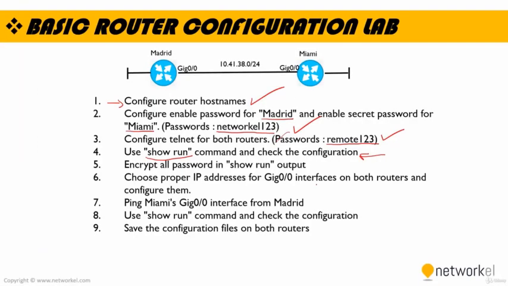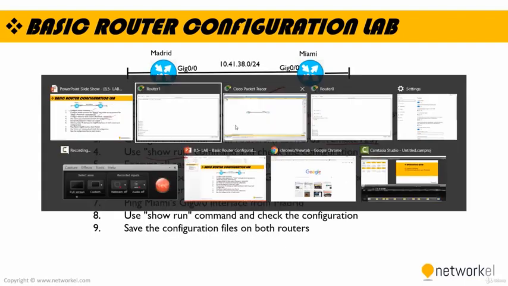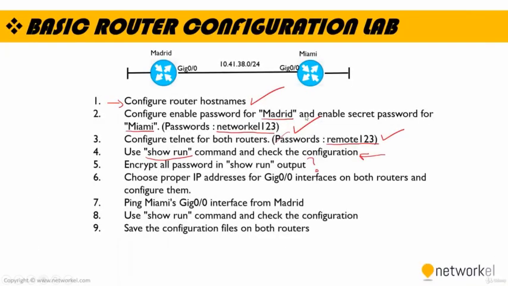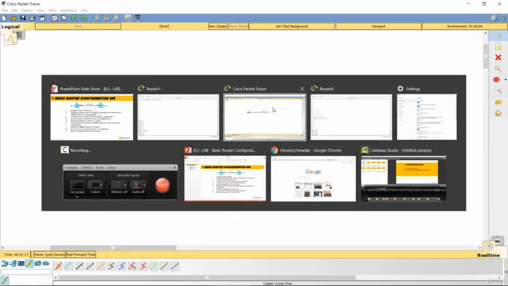Alright, everything is going fine for me now. And our fifth step is saying to encrypt all passwords in the show run output. How can we do it? To accomplish this, I need to go to Madrid, where my password is not encrypted.